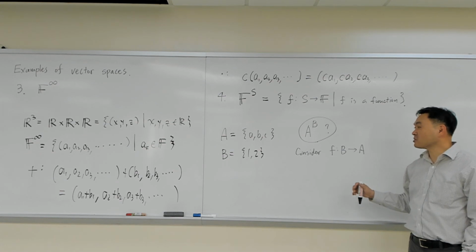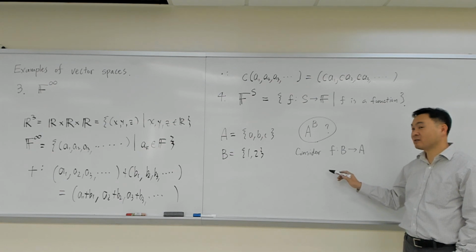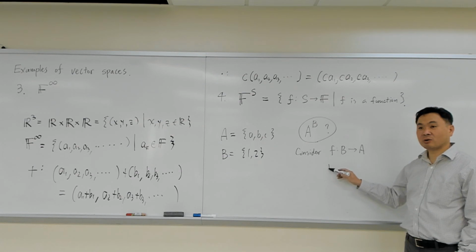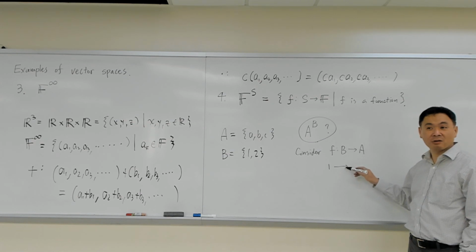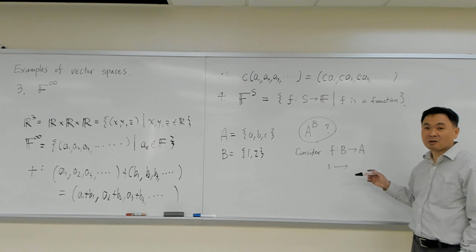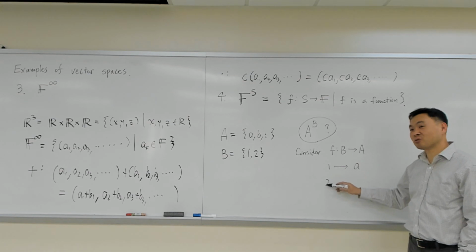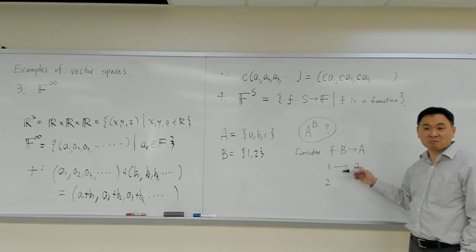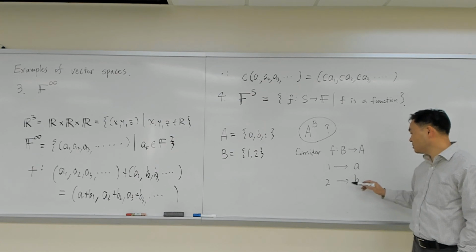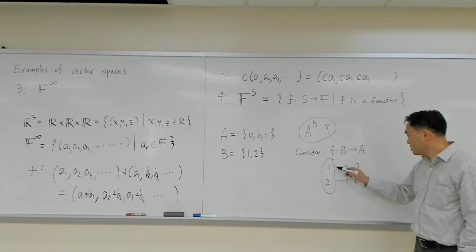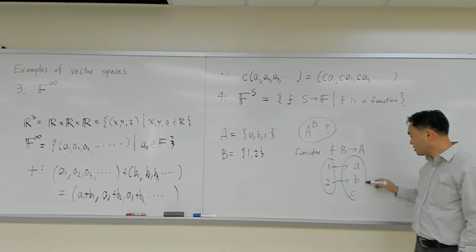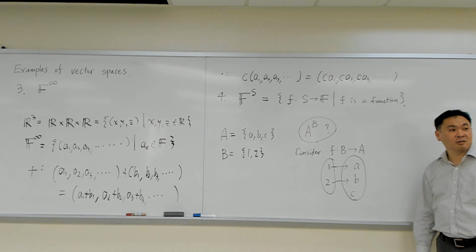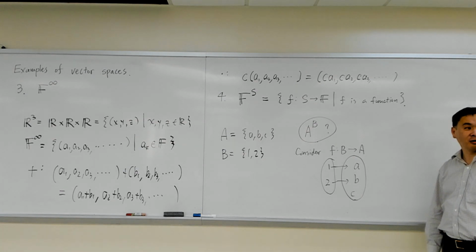Can you give me one example of a function from B to A? 1 goes to A, 2 goes to B, and C, there's nothing there. That's an example, right?